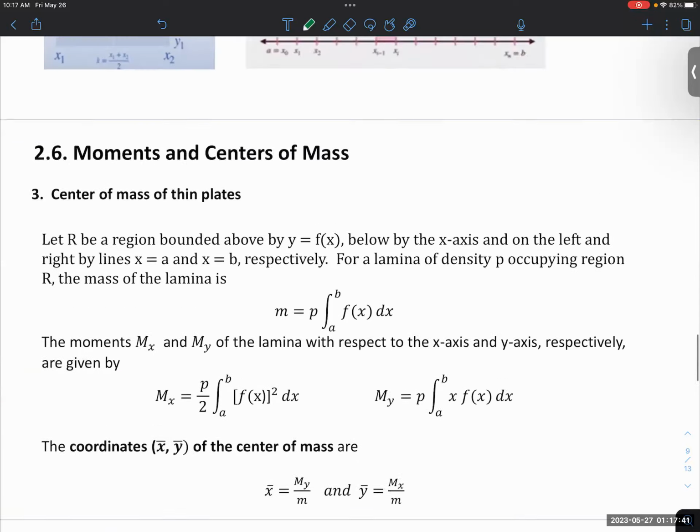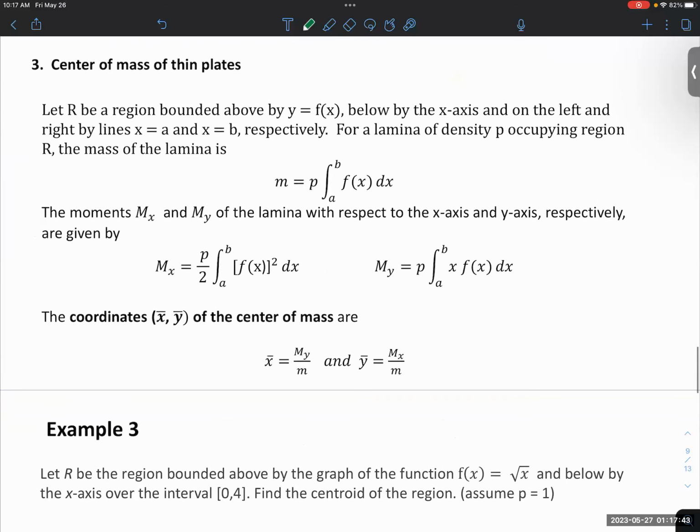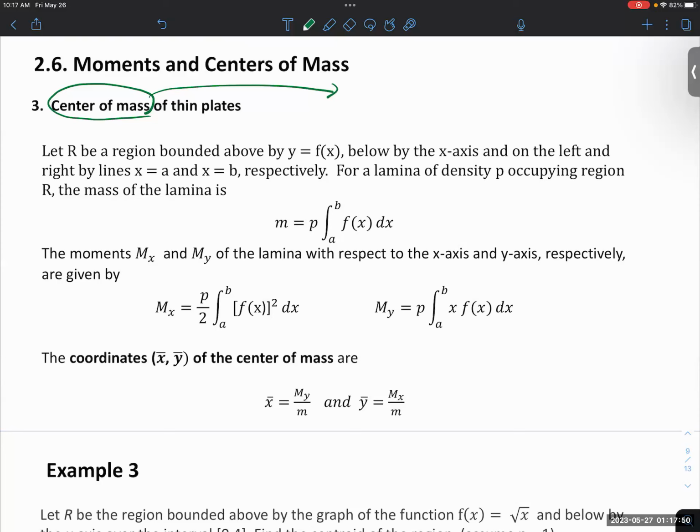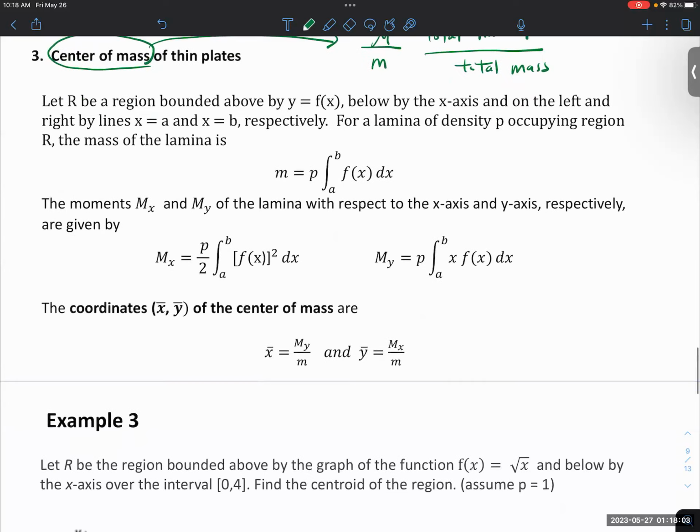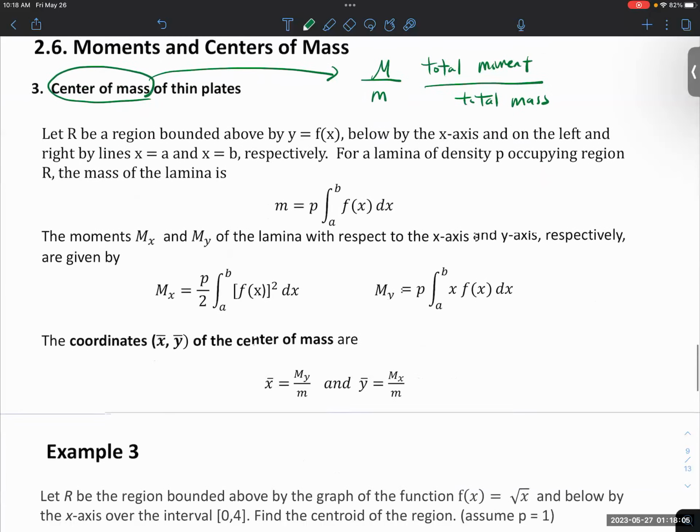In that case, it's a little bit of a modification, but it's the same thing: we're going to find the centroid. To find the balancing point, it's always capital M over m, the total moment divided by total mass. But let's consider there is a density of the item, okay?